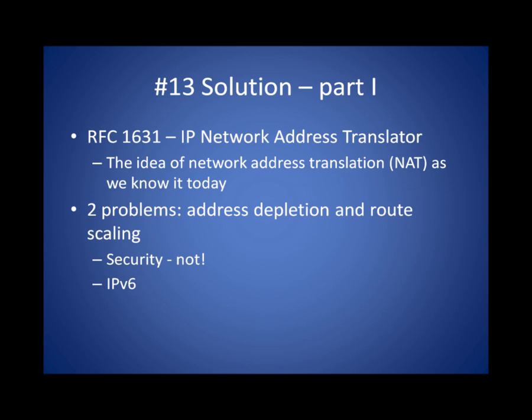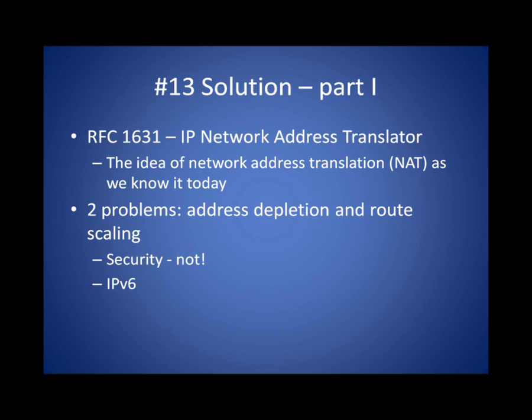Now, we can't talk about 1918 addresses without also talking about network address translation a little bit. So the RFC for NAT is 1631. It's actually been updated and modified and added to quite a bit over the years, but that's where the whole thing starts. And we talked about a device called a translator.